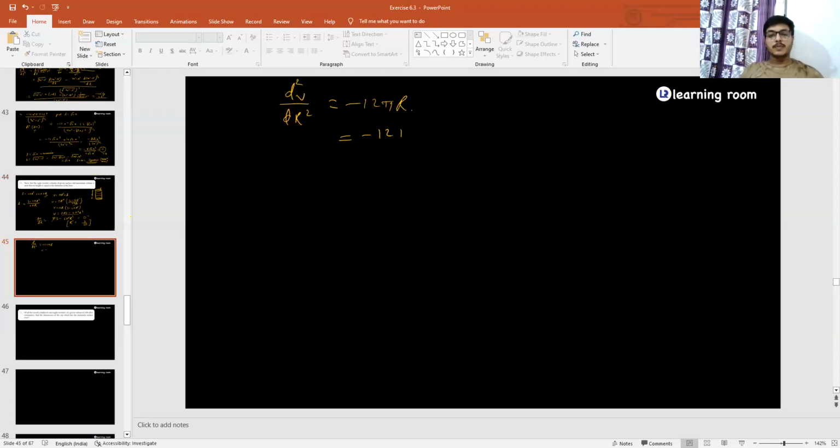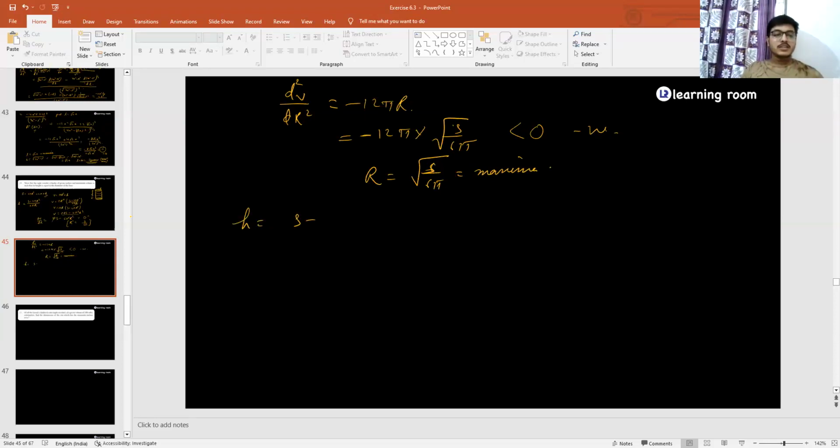So it will be minus 12 pi into root over s by 6 pi. Agree? This surface area s can never be negative. 6 pi is not negative, 12 pi is constant, and already a negative sign is there. That means this is less than 0. Negative. So r equal to root of s by 6 pi is a maxima.